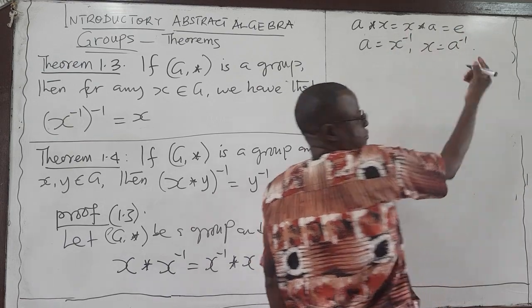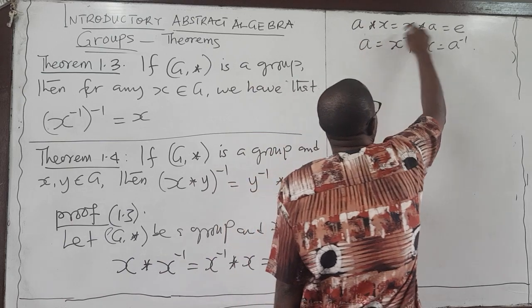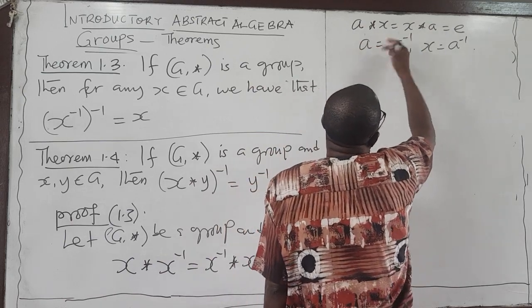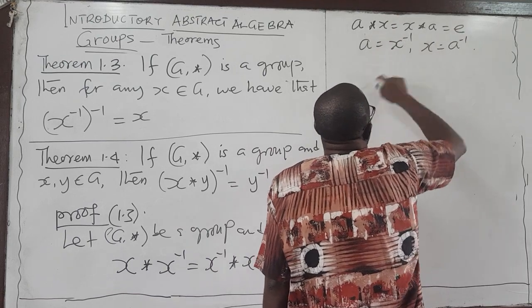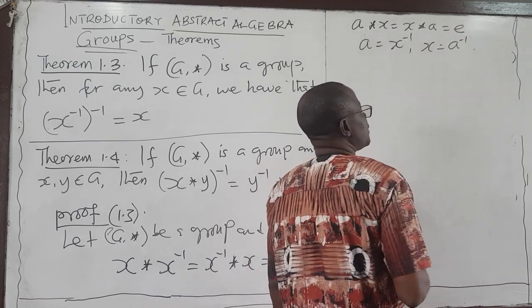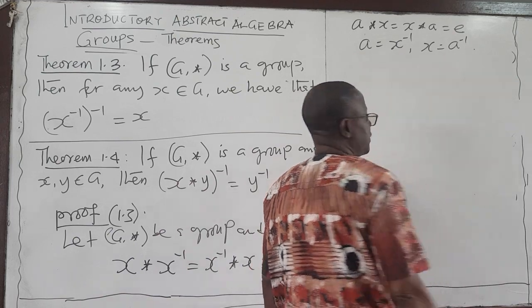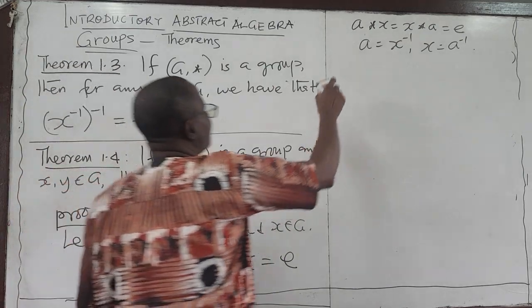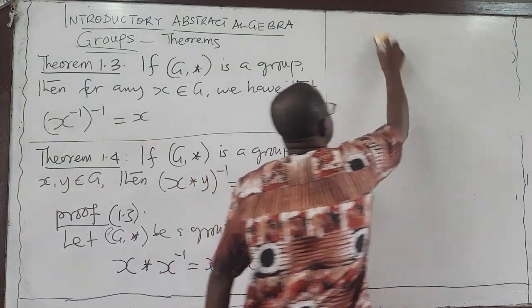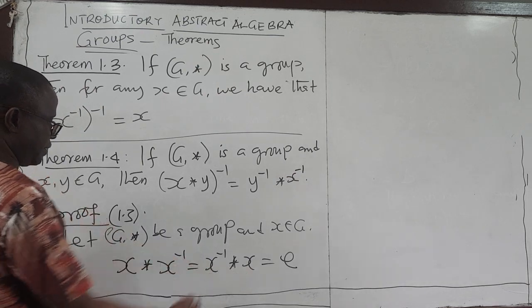When this holds, one is the inverse of the other. So once these two equations, once this statement here holds, I can always do this. Then a is the inverse of x, or if you like x is the inverse of a. So that is the idea, basically using the definition of what the inverse is in the group. Okay? So we have this.